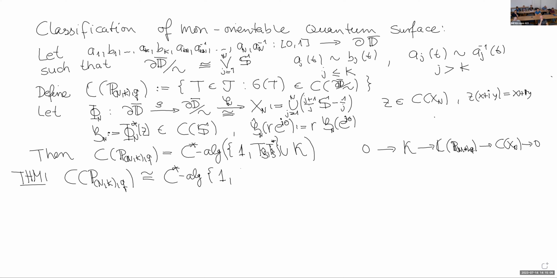So T, let's take N, K. I included adjoints and all combinations. Where now I can give a very concrete description.